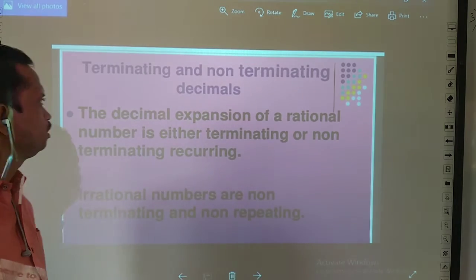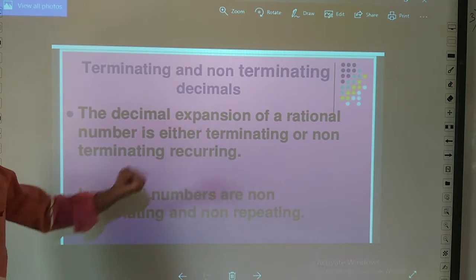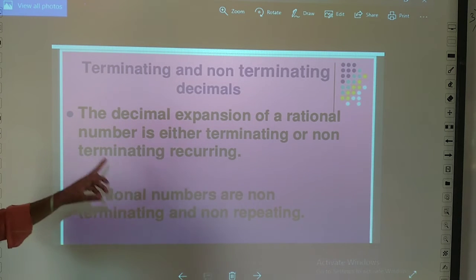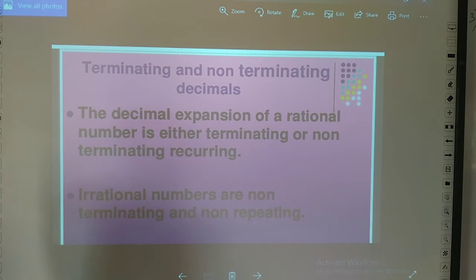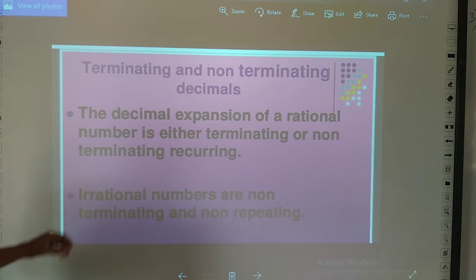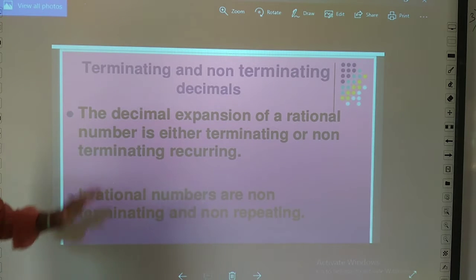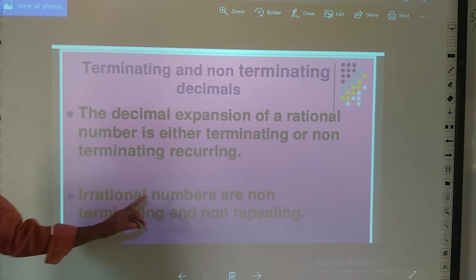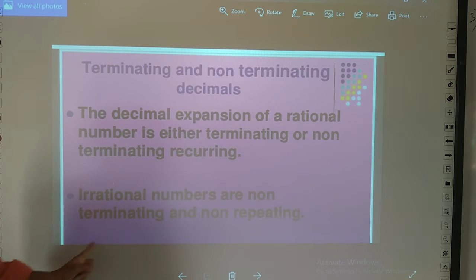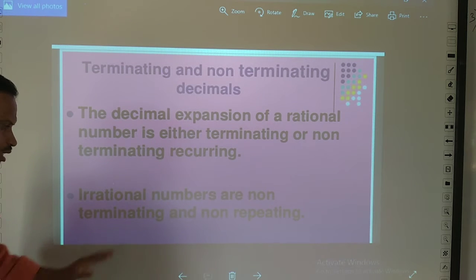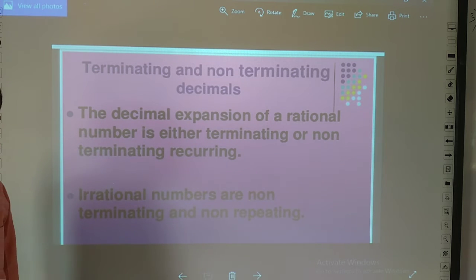Now you see terminating and non-terminating decimals. The decimal expansion of a rational number is either terminating or non-terminating recurring. Recurring means repeating. These are rational. Irrational numbers are non-terminating and non-repeating. So these are the decimal expansions.